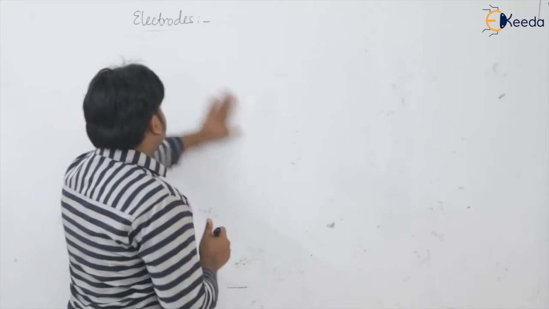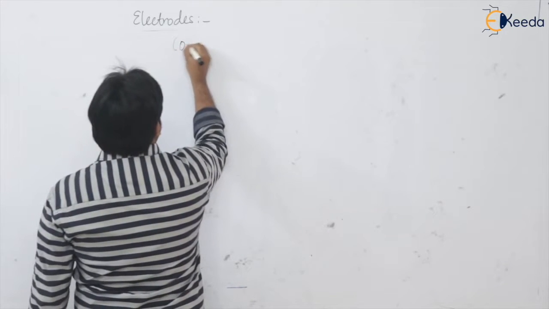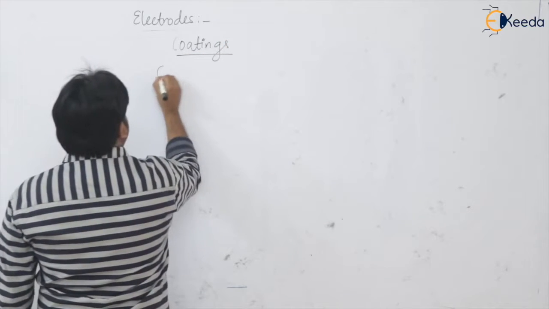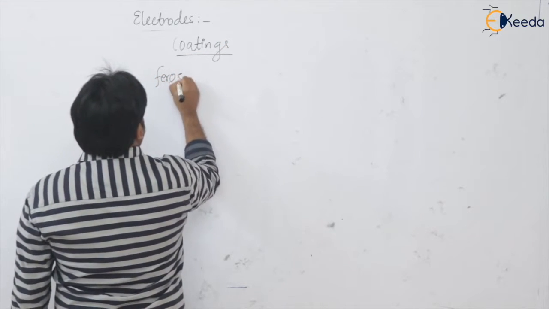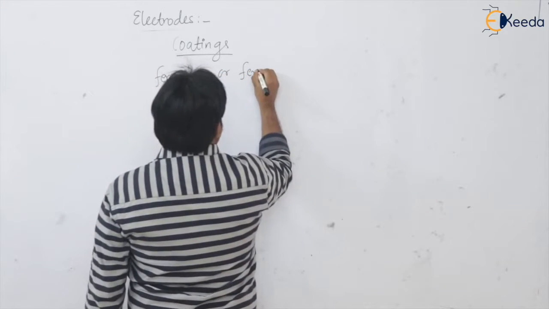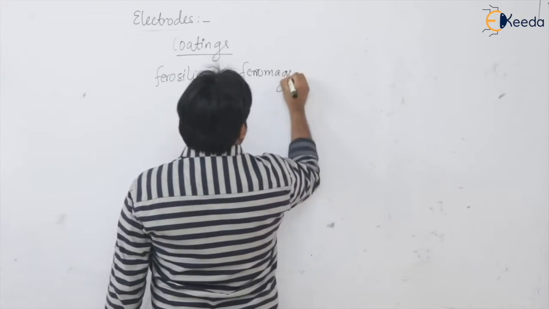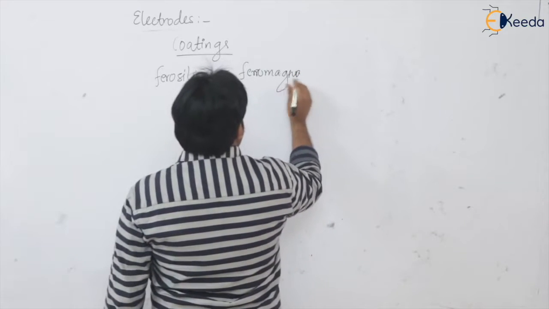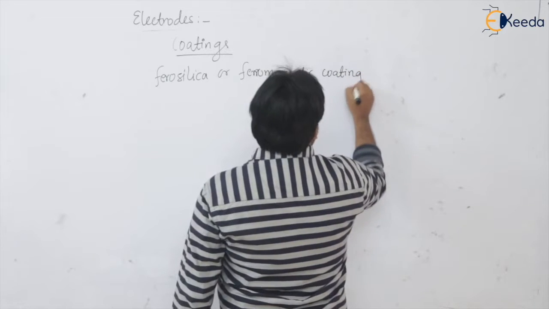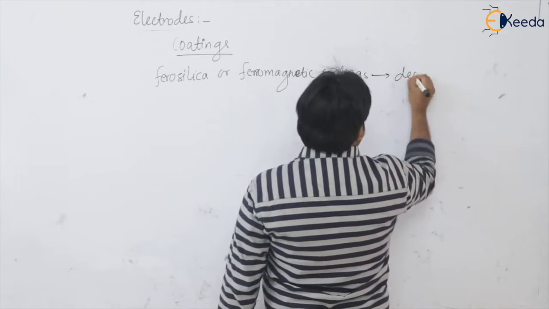Okay, now if you look at the coatings, which are the coatings actually used in the electrode? So we are having ferrosilica or ferromagnetic coatings. So these ferromagnetic coatings are basically deoxidizing the melt.